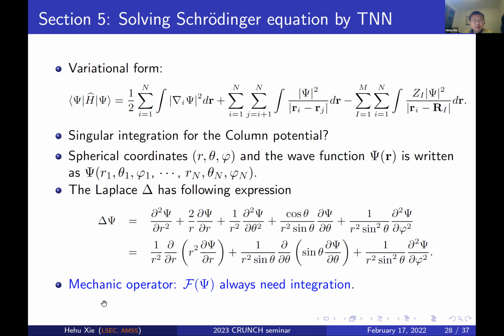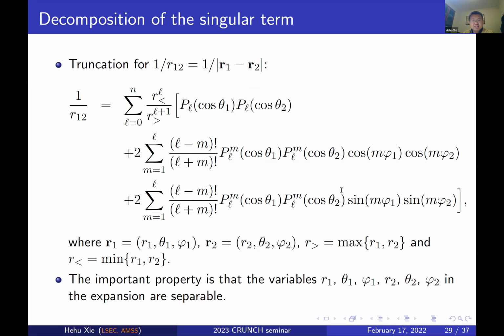In quantum mechanics, we always need to compute the value of some types of operator, and we need to do high dimensional integrations for the wave function. Unfortunately, the wave function is always high dimensional. So this method has some applications to quantum mechanics, for example, electronic structure computing.